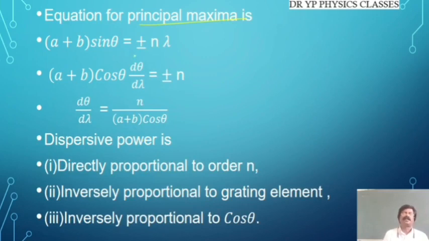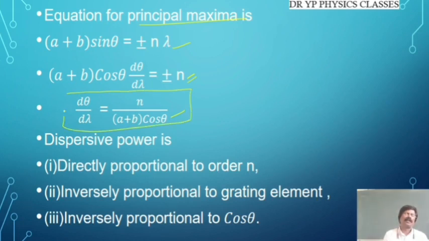From the principal maxima, (a plus b) sin theta is equal to plus or minus n lambda. Differentiate: (a plus b) cos theta into d theta by d lambda is equal to plus or minus n, where d lambda is 1. So d theta by d lambda is equal to n divided by (a plus b) cos theta.